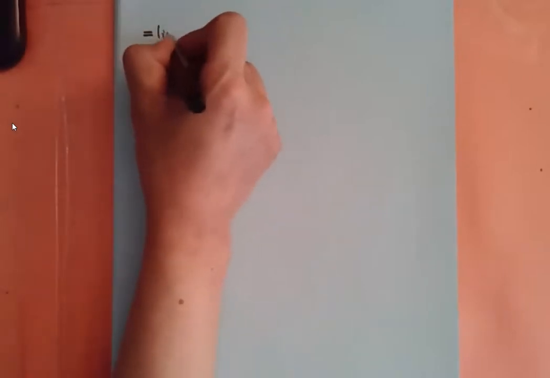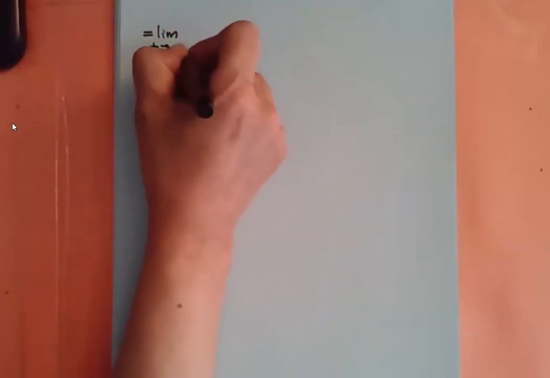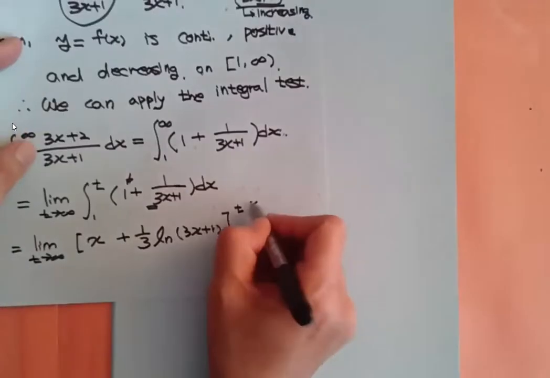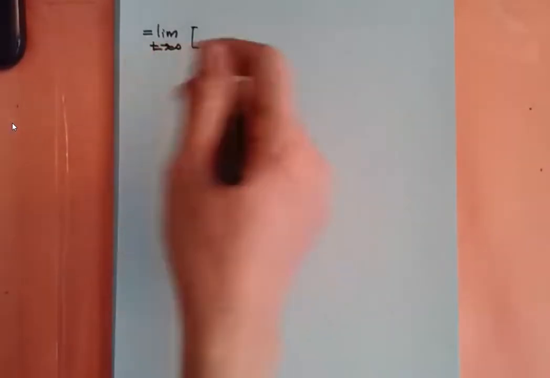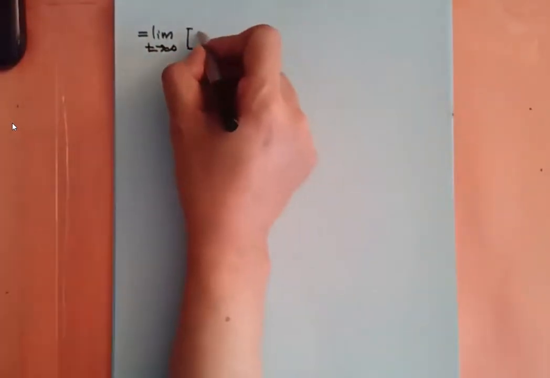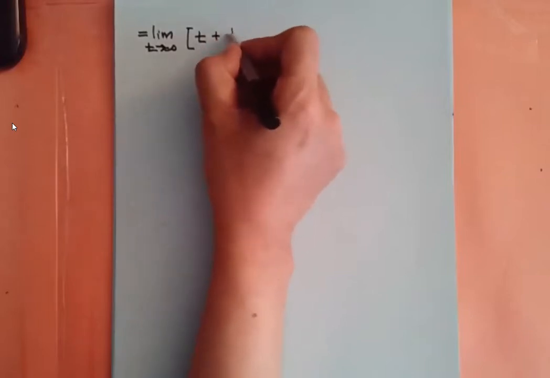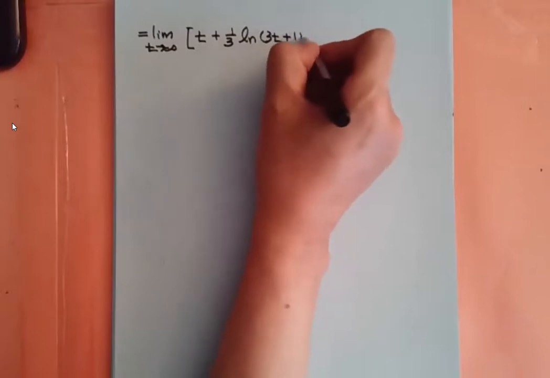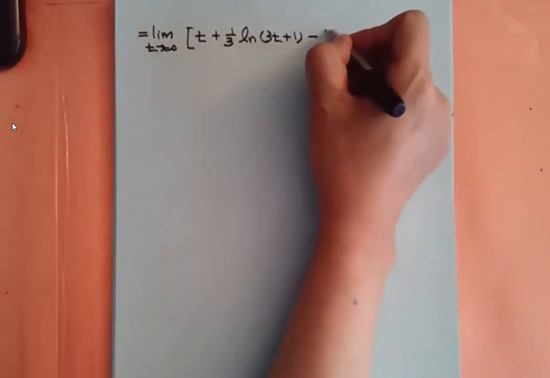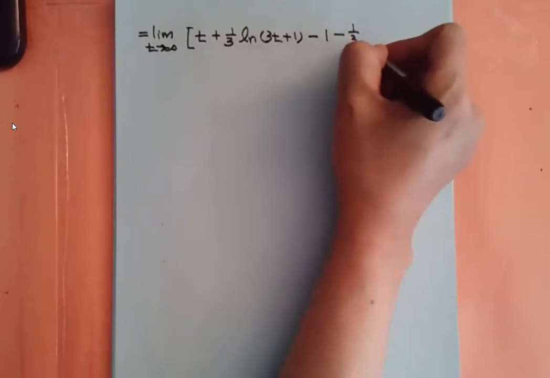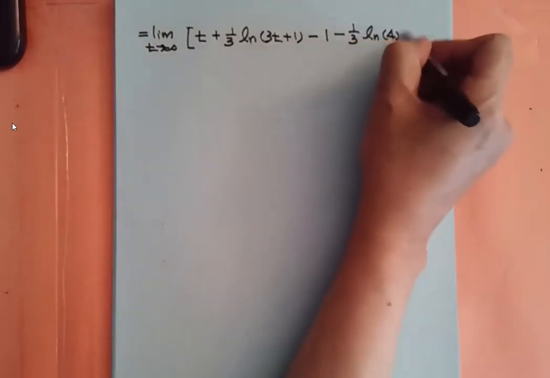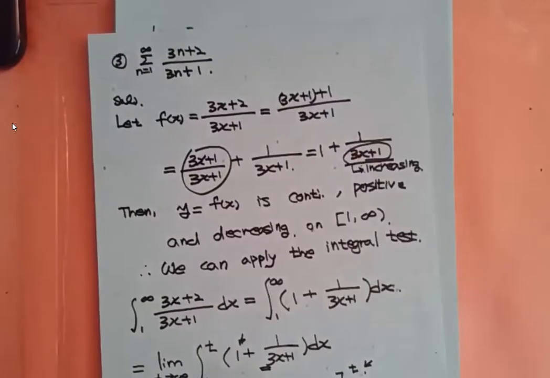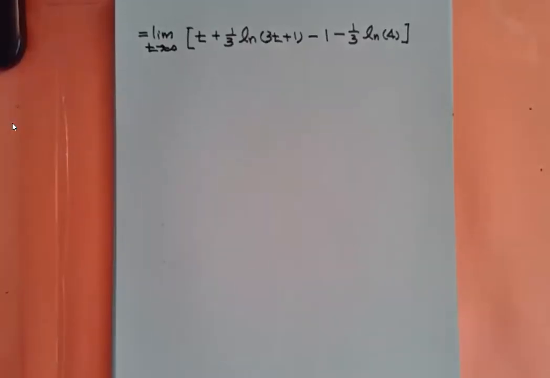So the limit as t goes to infinity. We plug in t and subtract what we get after plugging in 1. So t plus 1 over 3 natural log of 3t plus 1, minus 1 minus 1/3 natural log of 4. I just evaluated with 1 here.